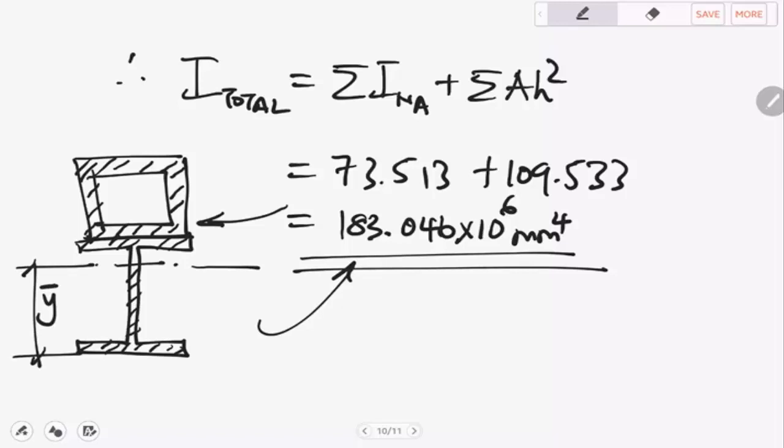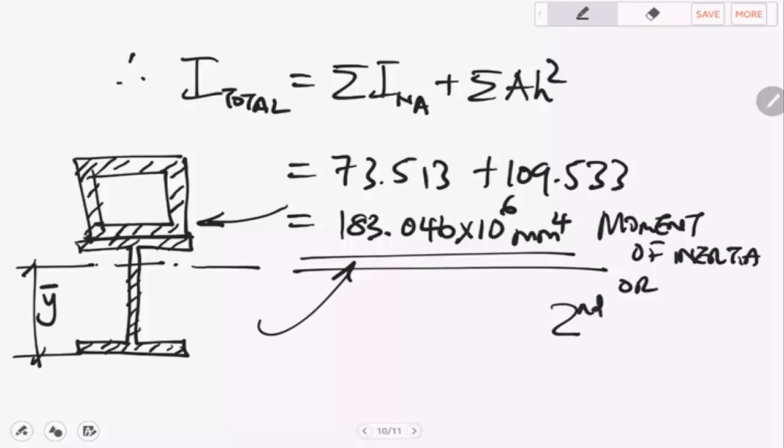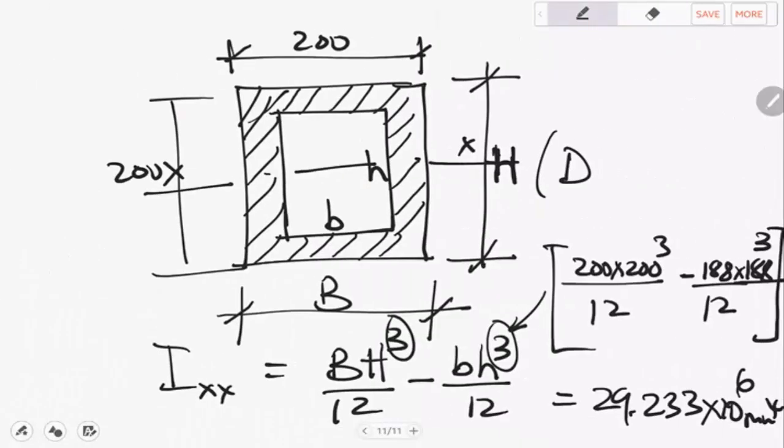Right. Now, once you have determined the second moment of area, or what they call the moment of inertia, it's the same thing. It's just referring to the same thing. So once you get the value of the second moment of area, then you can calculate the section modulus.